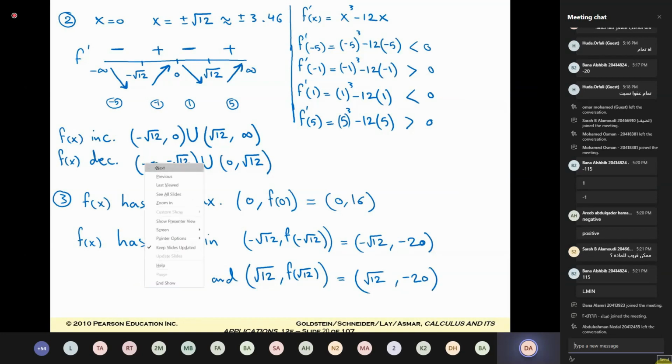Number 4, we need to find the concavity and inflection point. Concavity: f prime of x equals x to the power 3 minus 12x. This is the f prime.